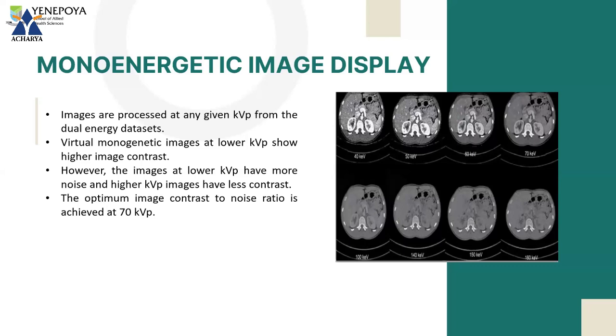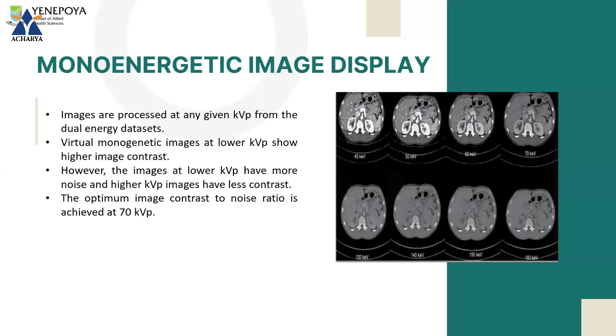But if you feel that the noise is a little more, you can take the reconstructed data where the noise is slightly less, but the contrast differentiation is better. By doing it this way, you will be able to differentiate between pathological conditions in terms of contrast.